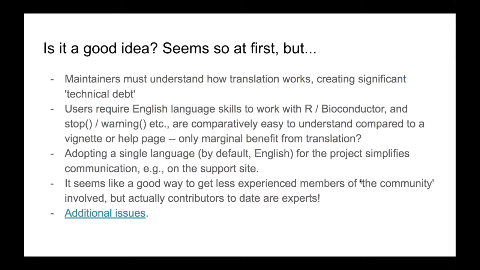And so maybe there's only really a marginal benefit from translation. I think I kind of counter that with my experience looking over people's shoulders in workshops where they don't understand the error message, and when they Google the error message, sure, they get back a translation. It's kind of broken a little bit sometimes, and then it's out of context, and they have to do that extra work.